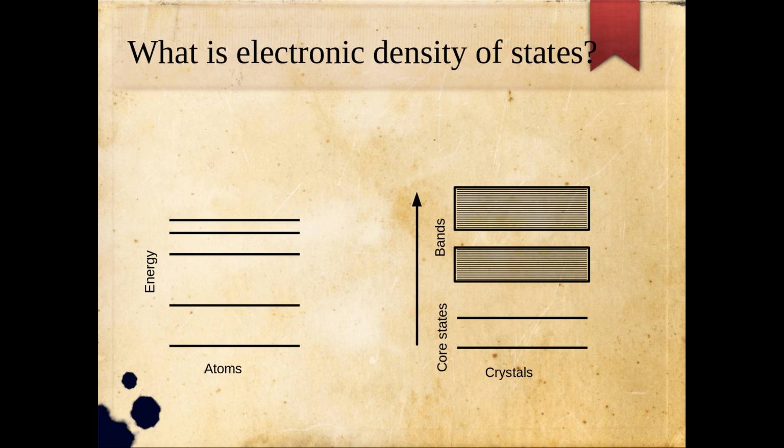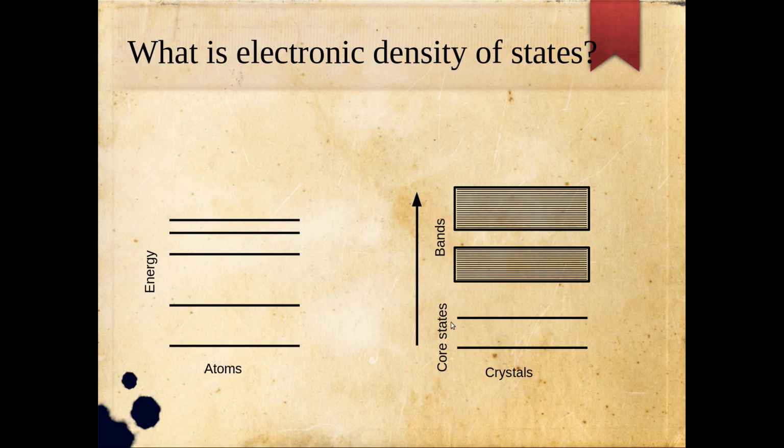So the main message here is that the energy states are discrete, and you would find huge gaps between the energy states for an atom. Now here we are talking of solids, and specifically periodic solids.